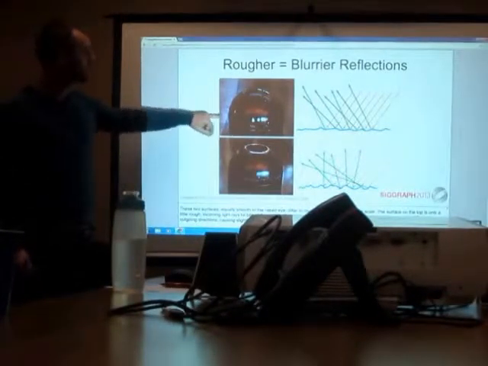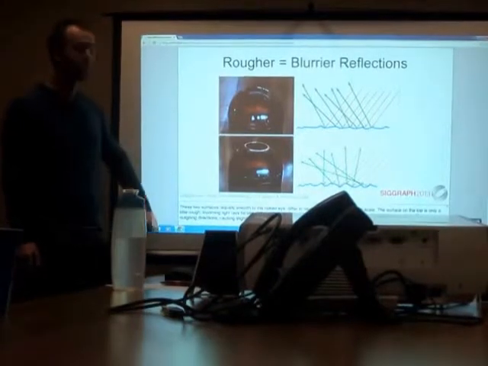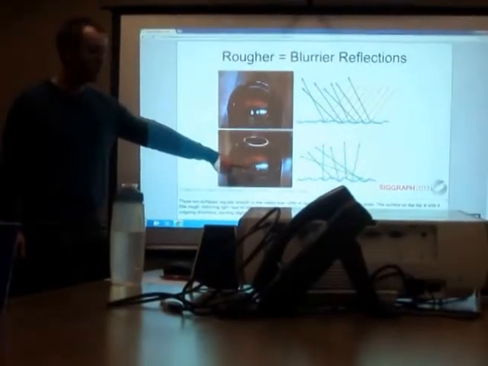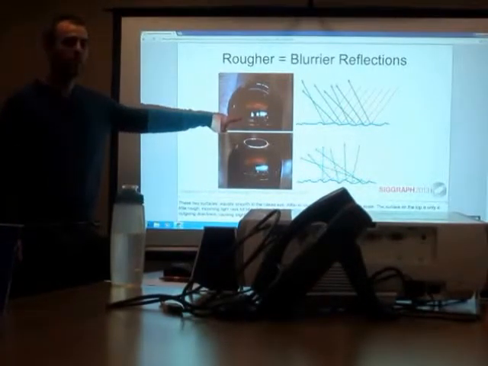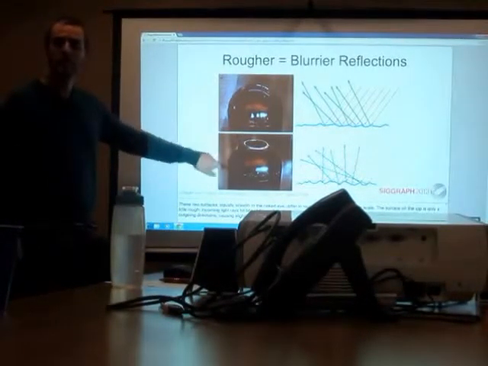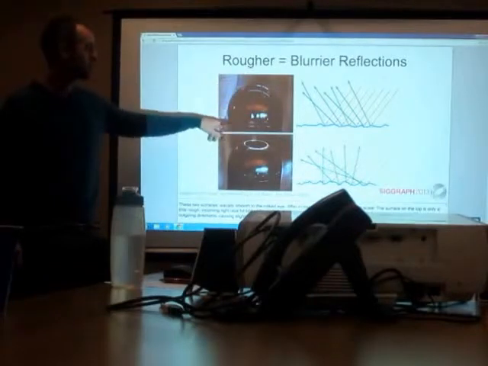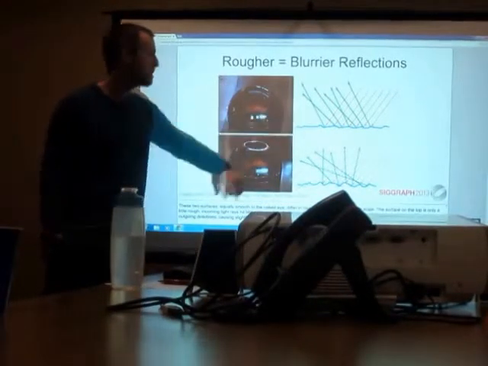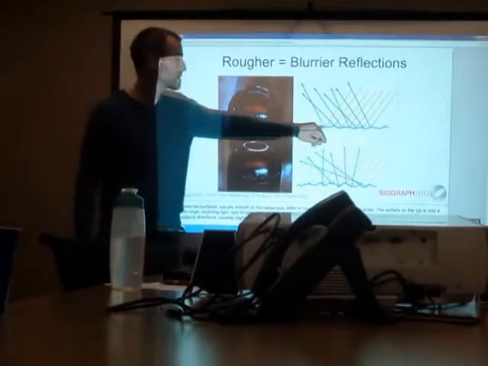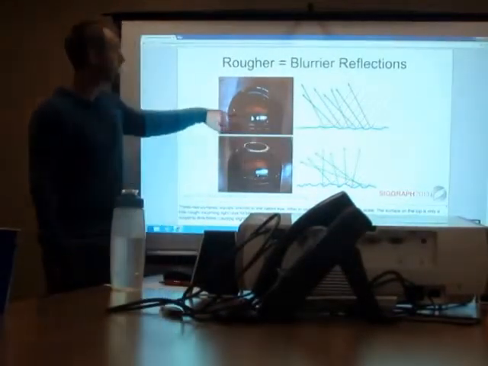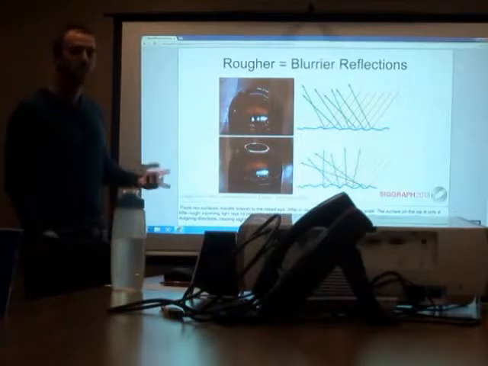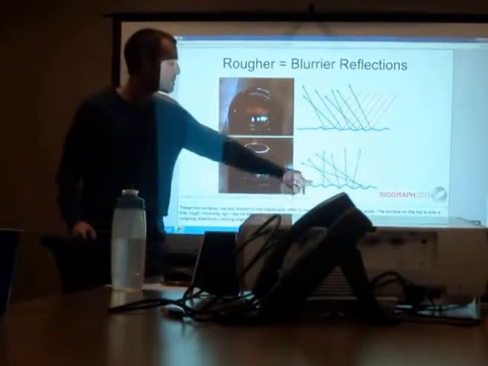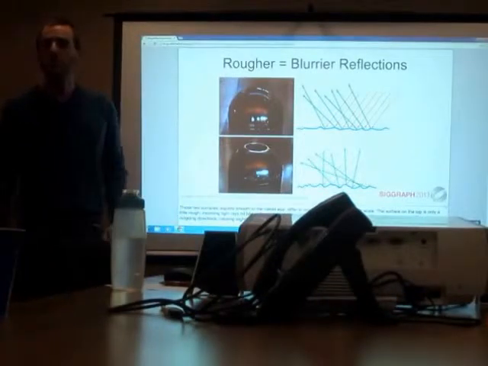But take a close look at the specular reflection, and you can tell that this one is much more blurry than this one. And the only difference is not the macro geometry, but the microgeometry. So he sketches, maybe the microgeometry is like little ridges on this one, and so it pretty much preserves the scene around it. But then this one is much rougher, and so it becomes a blurrier scene.